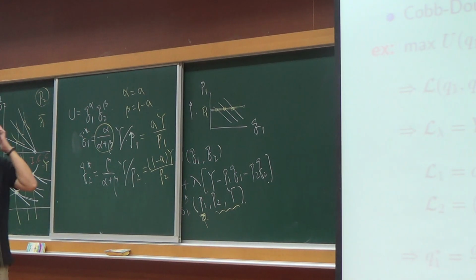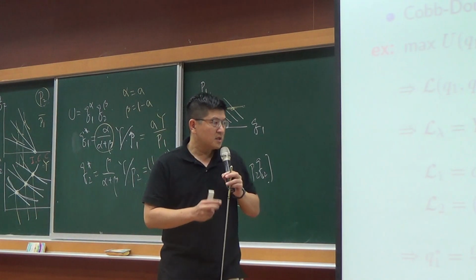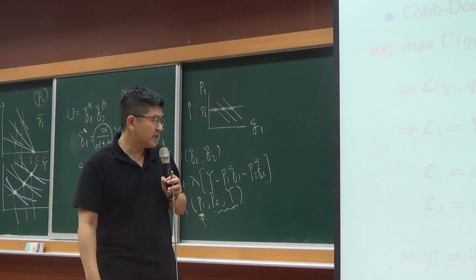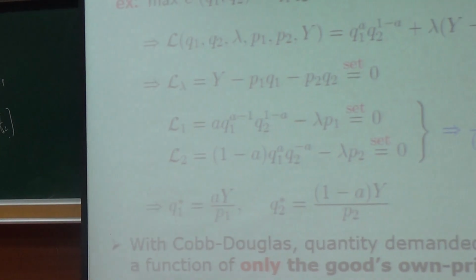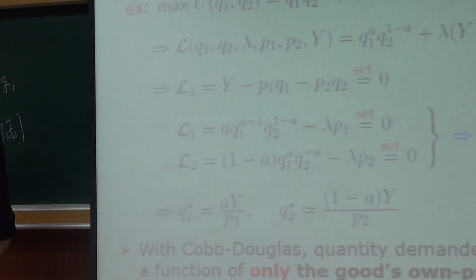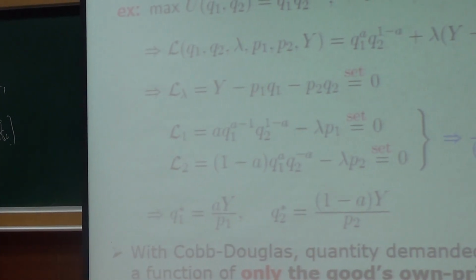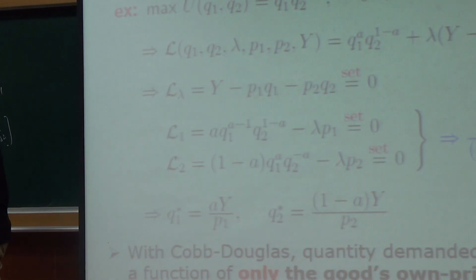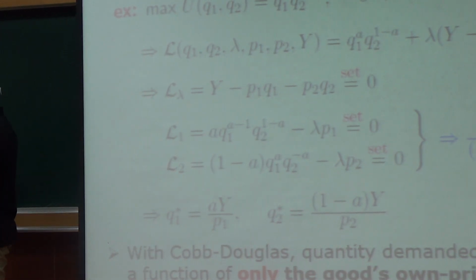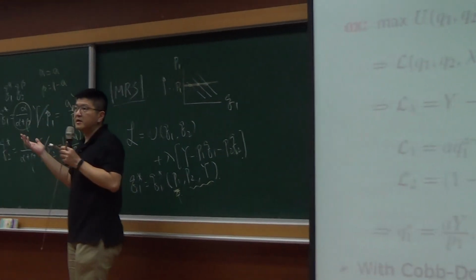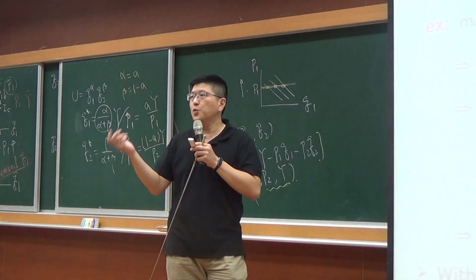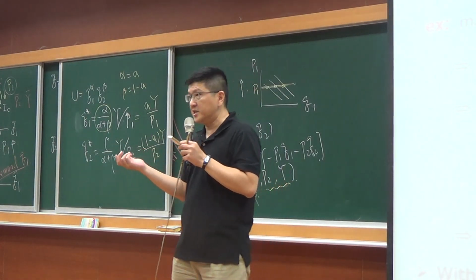Okay, with Cobb-Douglas, quantity demanded of each good is a function of only the good's own price and income. We said Q1 should be a function of P1, P2, and Y, but here we see Q1 is a function of P1 and Y. There's no P2, which means good 1 and good 2 are mutually independent, right?